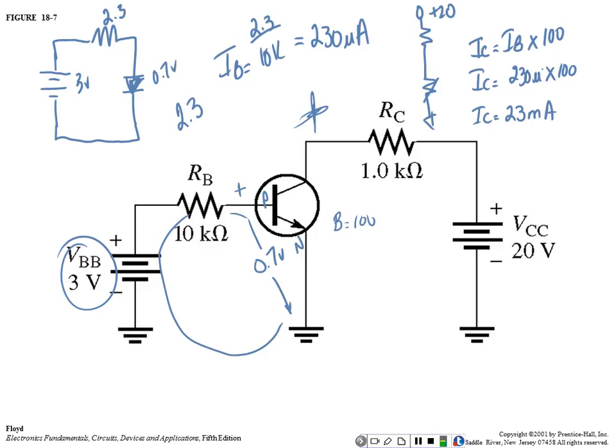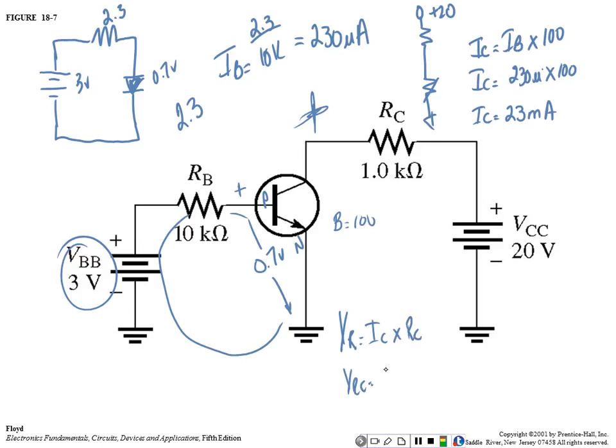So if IC is flowing through the transistor and flowing through RC, I don't know the resistance of the transistor, but I do know the resistance of RC. So VRC would be equal to IC times RC.